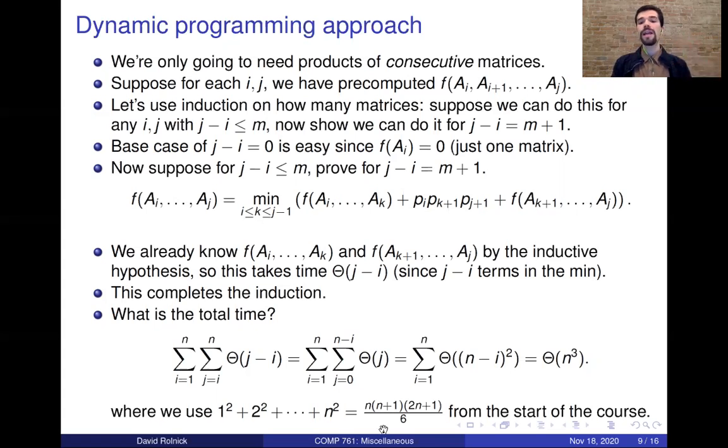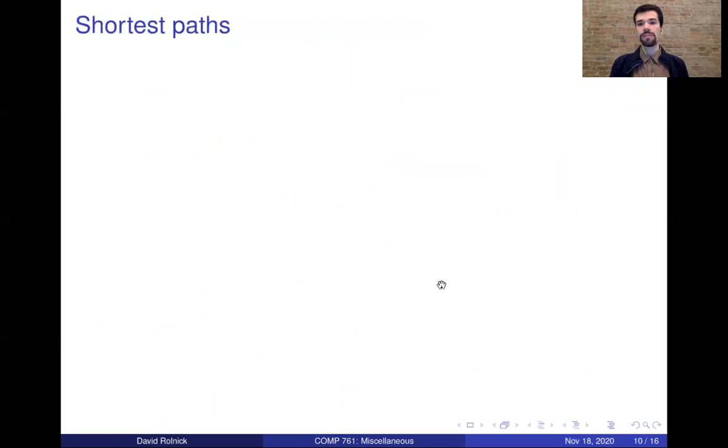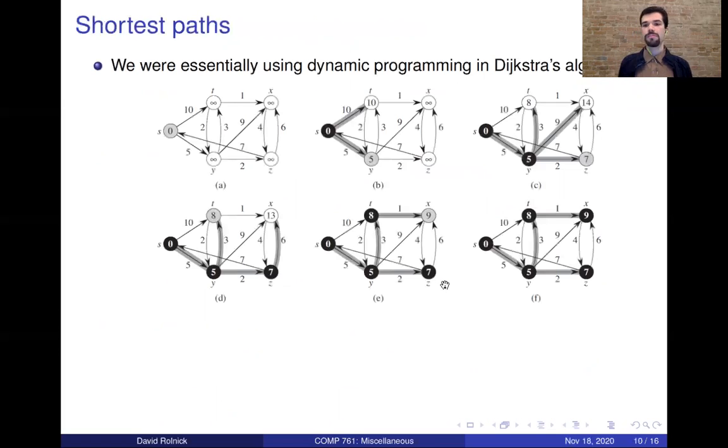Let's take a look at a way easier application of dynamic programming: shortest paths. We were essentially doing dynamic programming when we were looking at Dijkstra's algorithm. We were breaking it up into smaller problems and computing the shortest paths from your starting vertex to every one of the closest vertices.